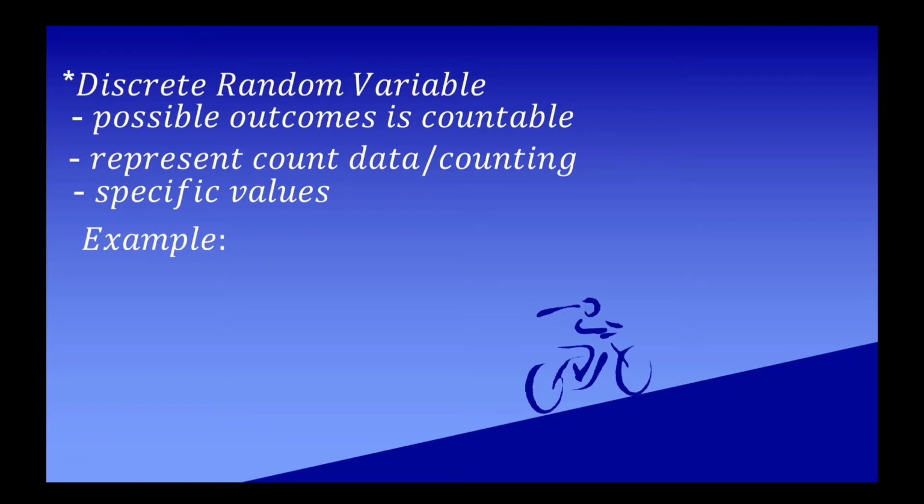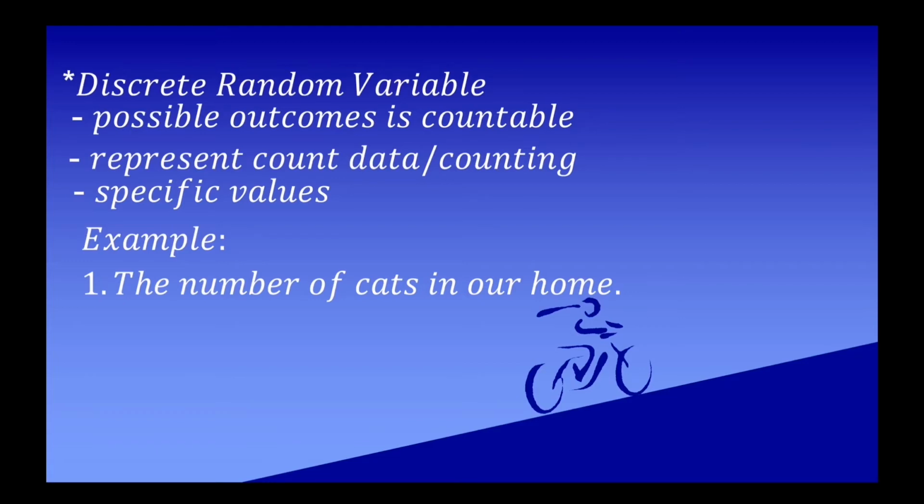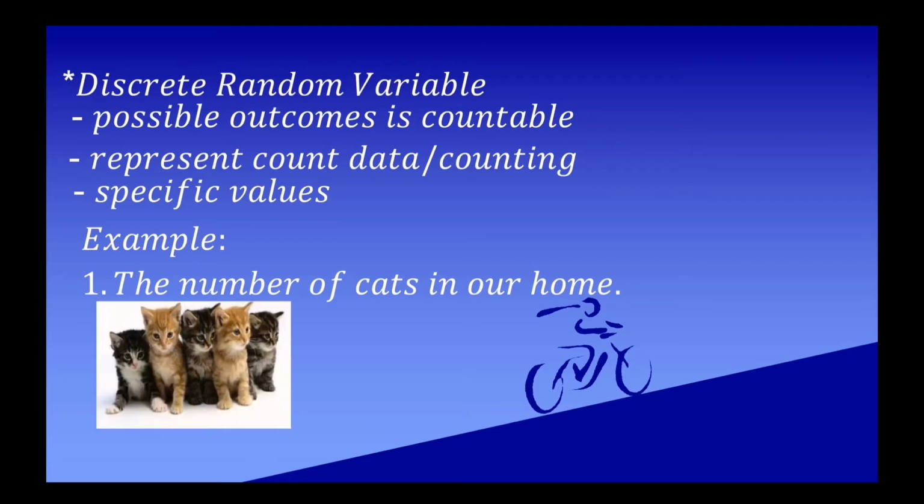For example, the number of cats in our home. We know this is a discrete random variable, since in this picture it's very easy to count a natural number, like the number of cats. So this is countable. The value of a discrete variable comes from counting.